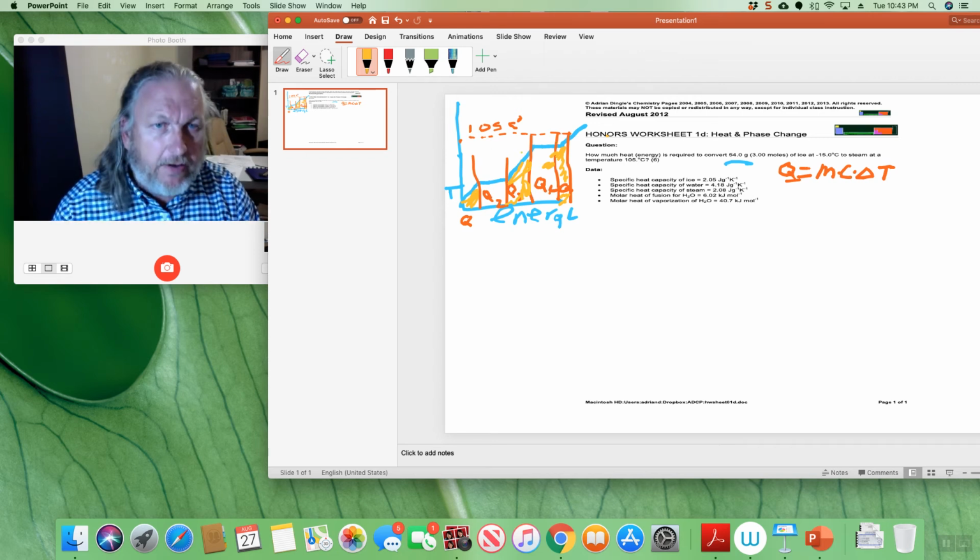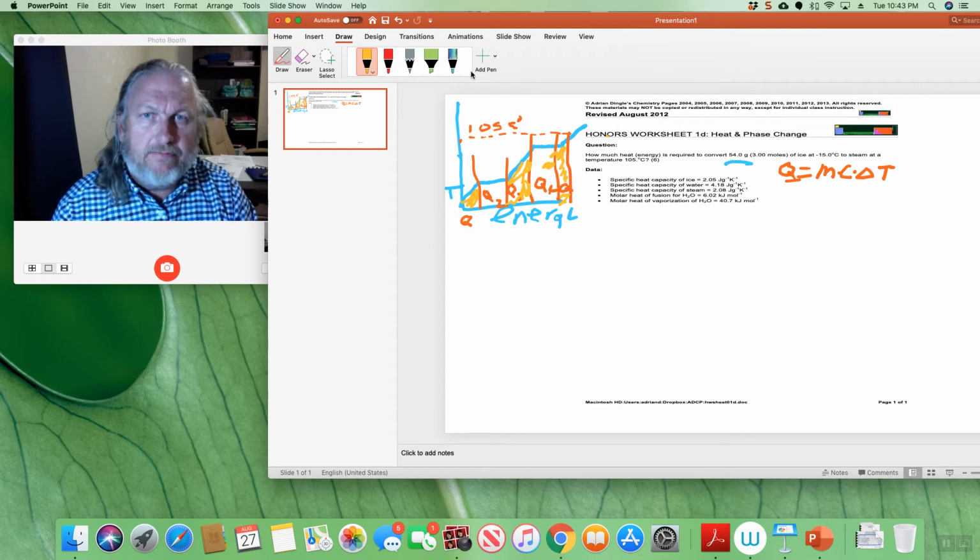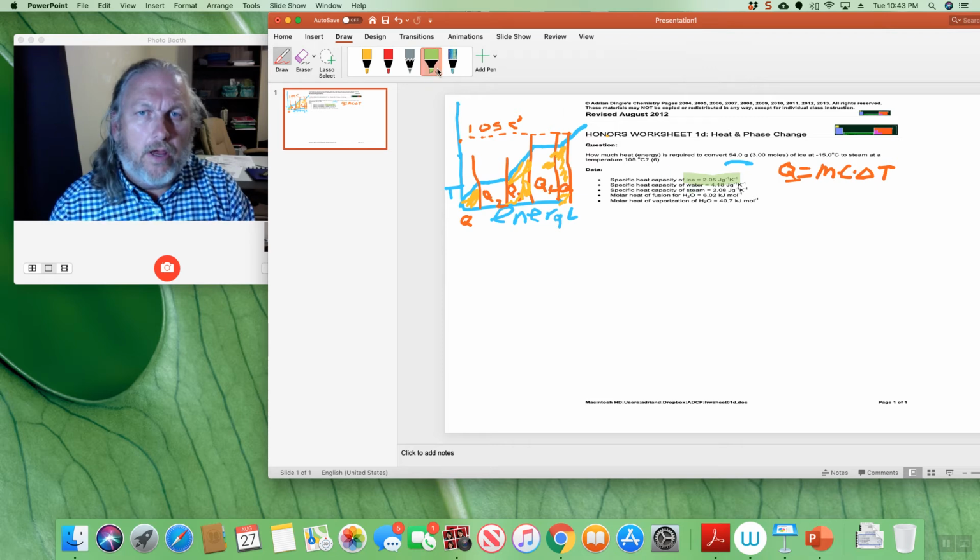Now if you look over here, each of these different areas has a different specific heat. When we're ice, the specific heat is 2.05 joules per gram. When we're water, the specific heat is 4.18.